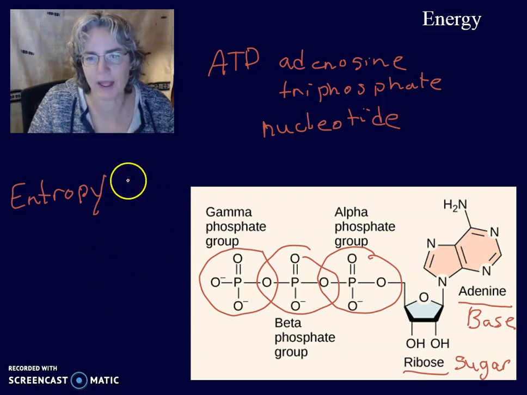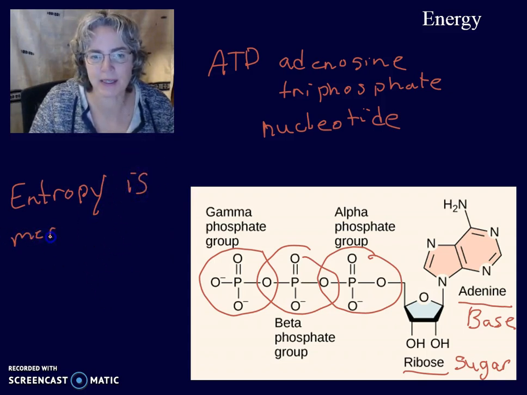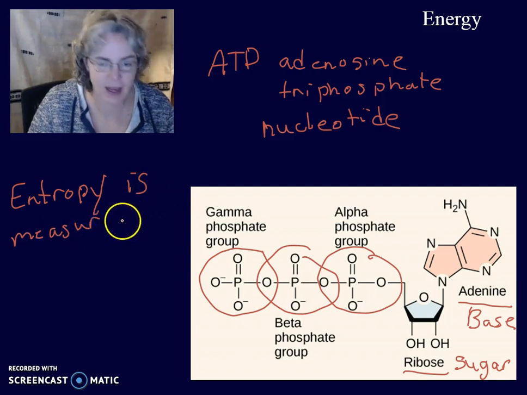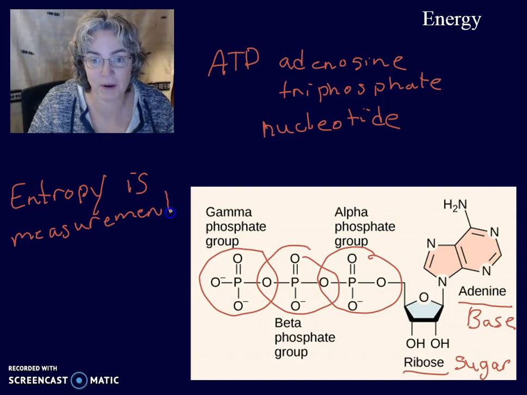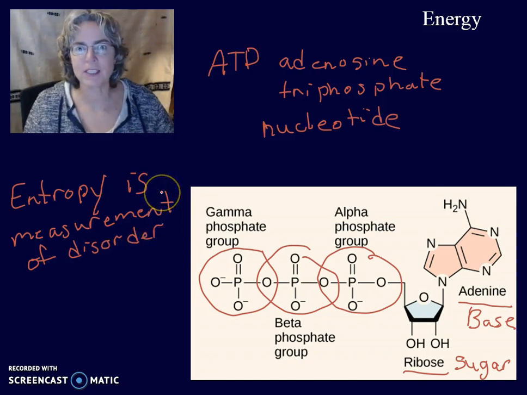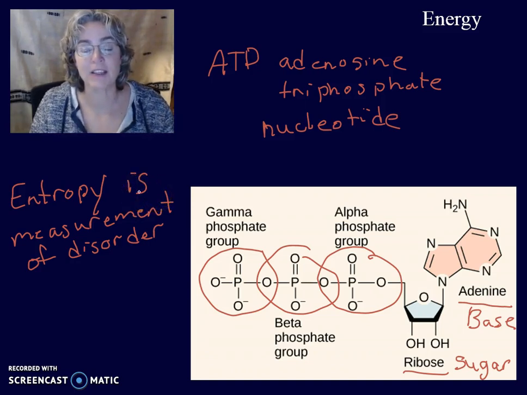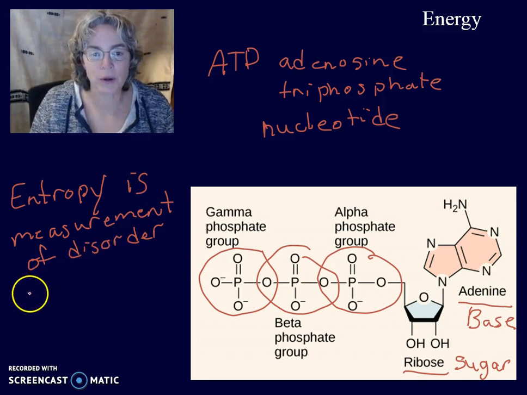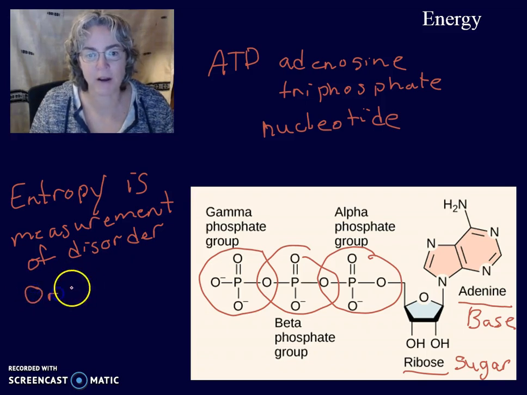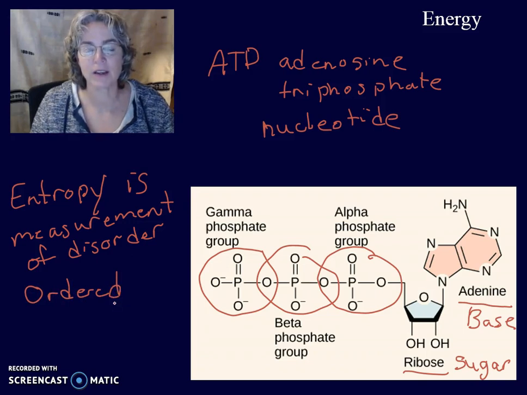Entropy is a measurement of disorder. So the universe tends towards disorder, but life is order. It has to be ordered. So to have that characteristic of life, of being ordered, it must use energy to create that order.